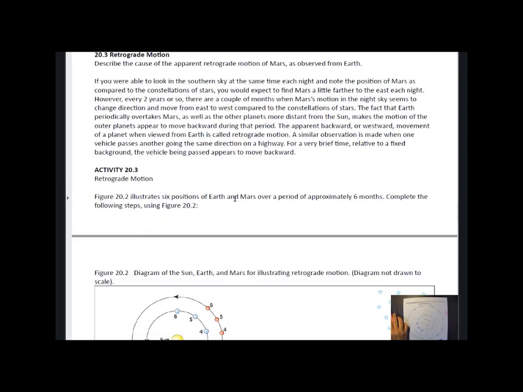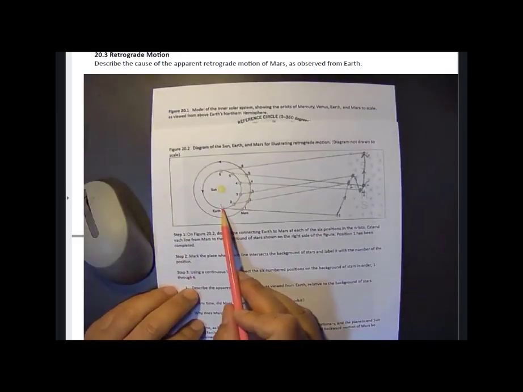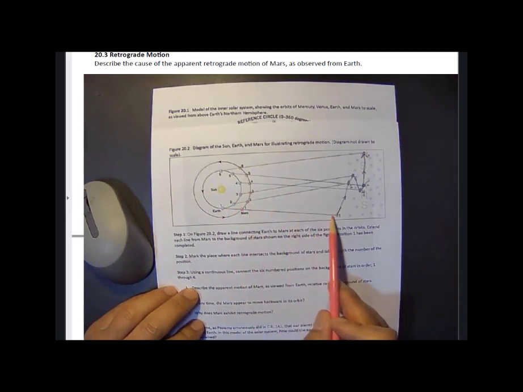Now this next part deals with this retrograde motion, and I talked about it in my other video. For this, when you're plotting it, I actually did it already on another sheet over here. Again, this one's pretty straightforward. I've basically taken their instruction, and they've already done line 1 for us, right?